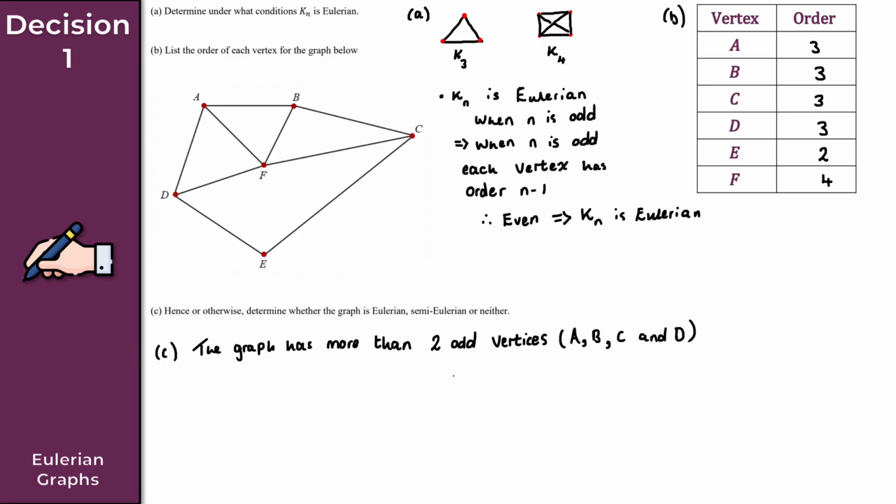And in that case, then, because we've got more than 2 odd vertices here, then this graph is neither Eulerian nor semi-Eulerian. Okay? So therefore, the graph is neither Eulerian nor semi-Eulerian. Okay? And there we have it then.